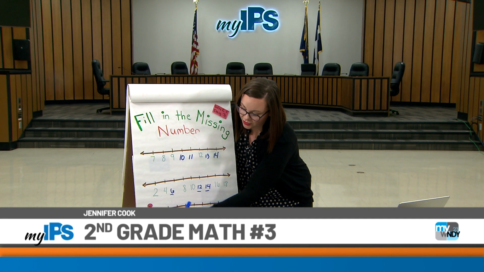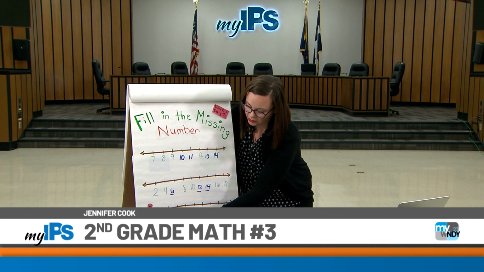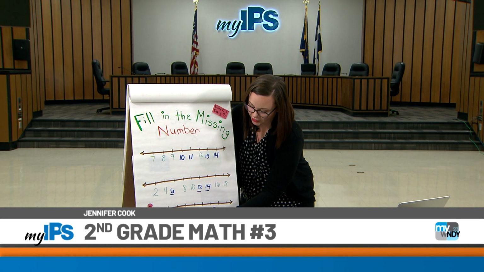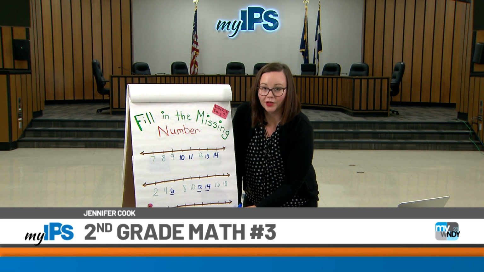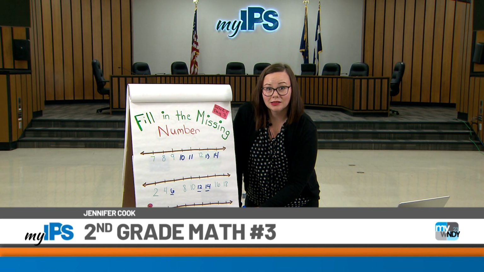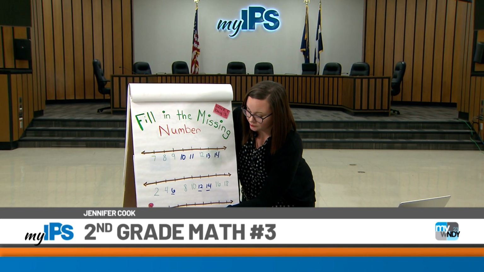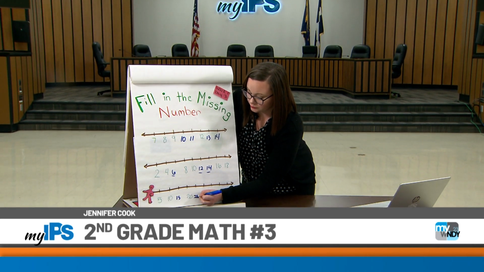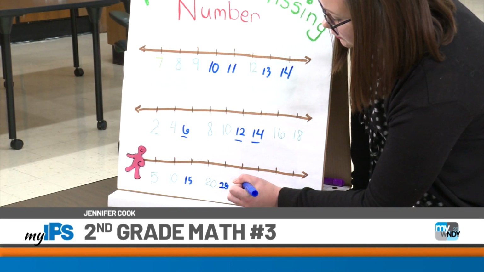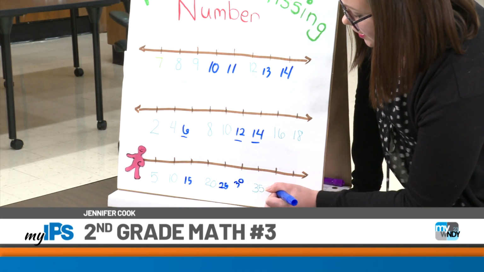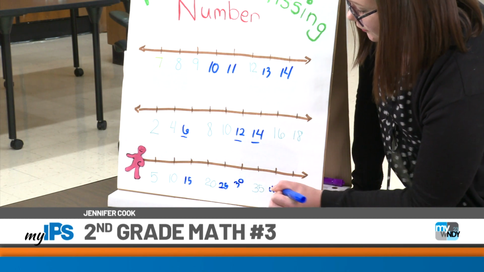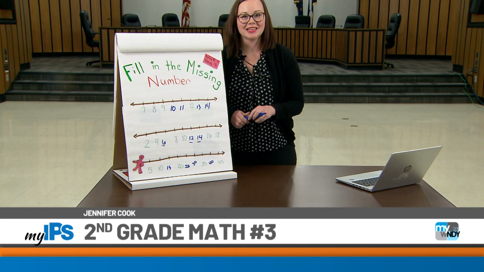But let's check first. 5, 10, 15, 20, 25, 30, 35, 40, 45. Does that make sense? Yeah. So let's go ahead and put in our missing numbers. 35 and 40. All right, fantastic job, guys.